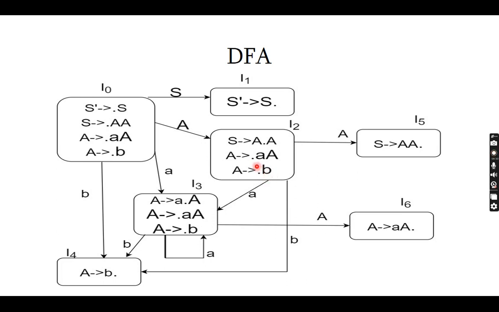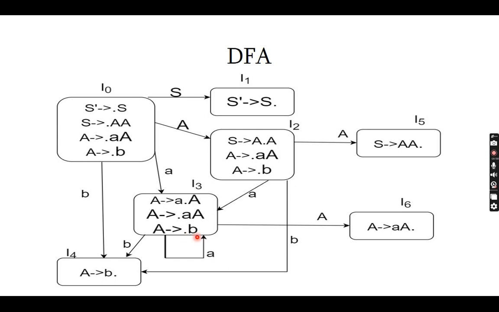Okay, now next to this dot the terminal is a, so no need to do anything. Now this dot you have to move to the next position. So I have moved this dot to the next position. Again you can see that next to the dot there is a variable, so I have written the productions of that with the dot in the beginning. Okay.